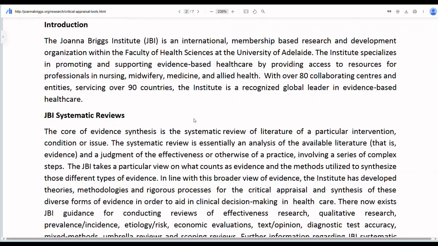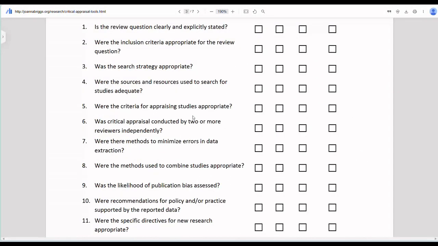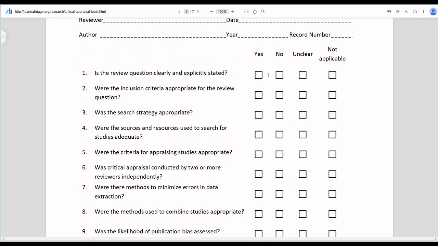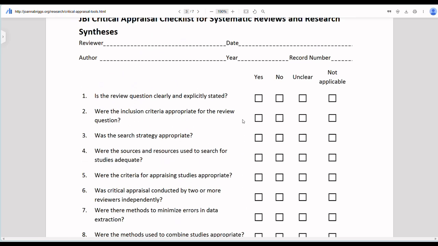The appraisal tool has checklists that you can use to measure the study that you are working on. I mean, the article that you want to review. So when you answer these questions, at the end of the day, you will have a remark as to whether to include it or not to include it. So these are the questions. Is the review question clearly and explicitly stated?